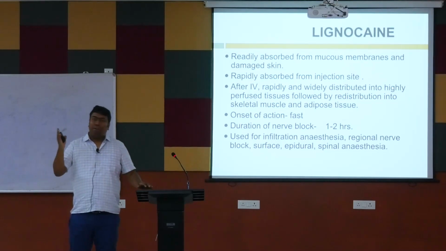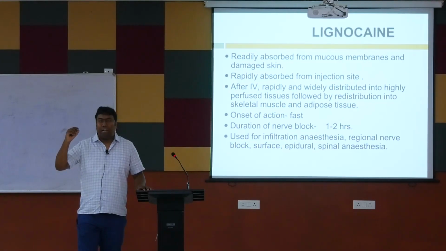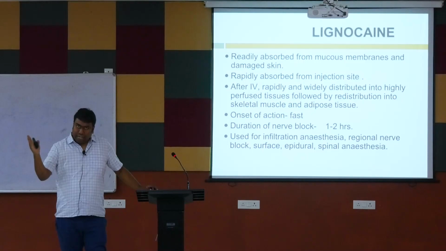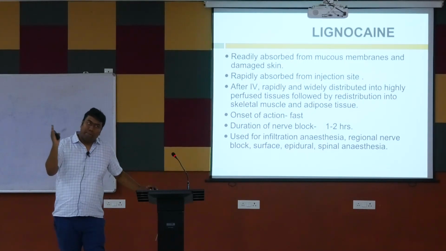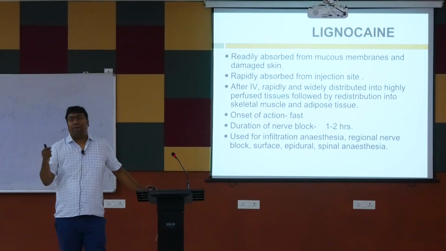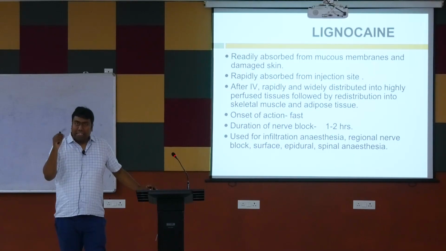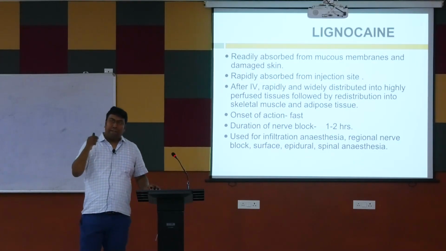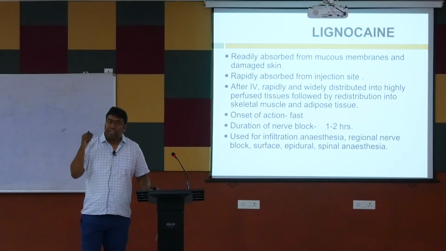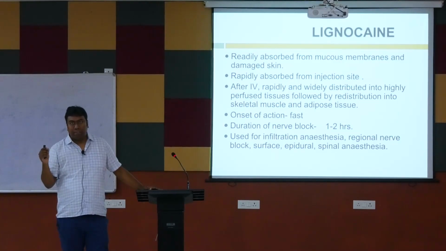So from the lipid-rich CNS, the lignocaine comes back into the blood, and is distributed to others like fat, muscle and liver. So the action of lignocaine in the CNS can be terminated due to distribution rather than elimination or metabolism. Is it clear?